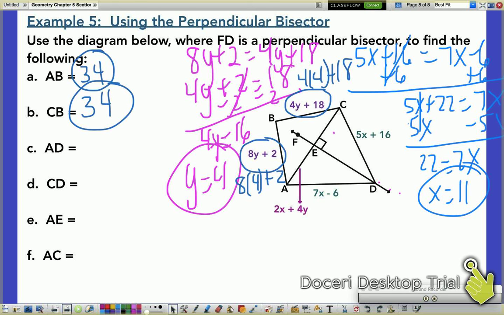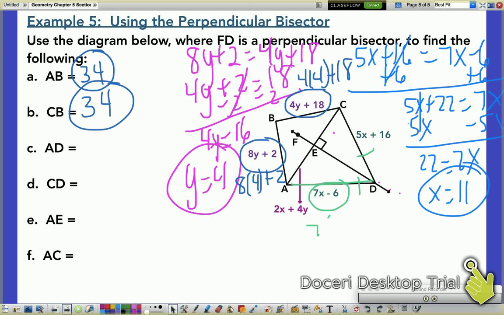Next they want AD, which is here, and that's x, and that's congruent to that.